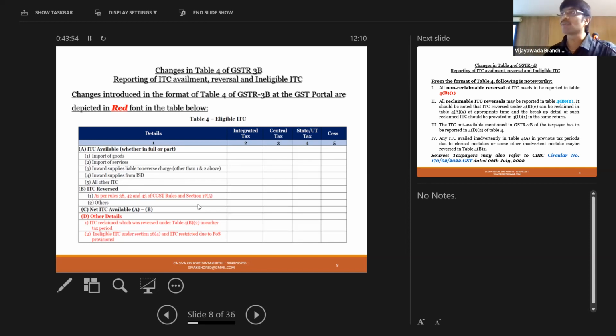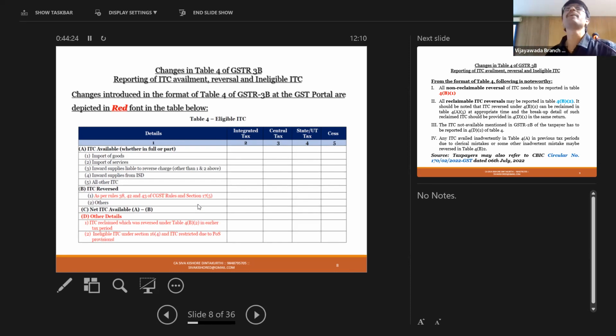These are all the fancy terms which you are required to understand, put forth in your accounting team, design your SAP systems. You are required to revamp the concept of availment of 3B, reversal of 3B, marking of 3B. Availment, reversal and marking of input tax credit as permanently reversible, as temporarily reversible, as ineligible under 38, 42, 43, 75, as ineligible under 16(2), as ineligible under POS difference.